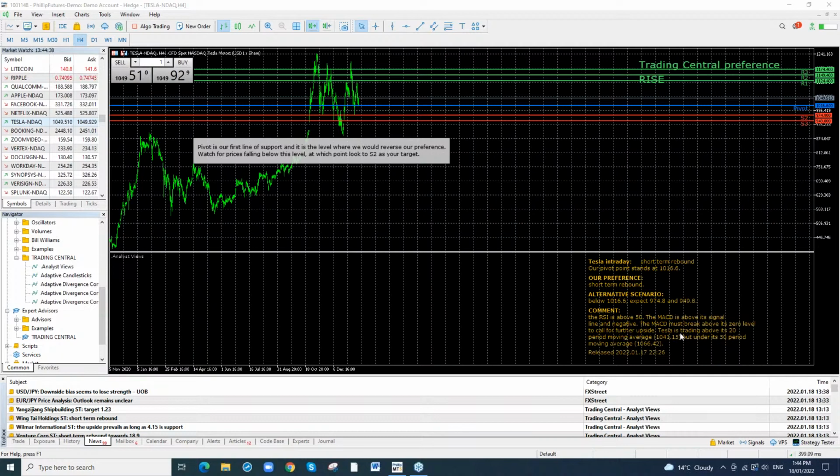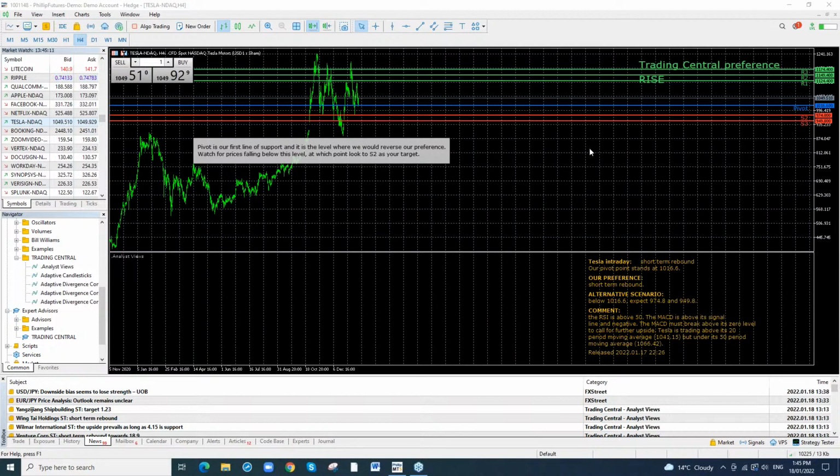And also Tesla is trading above its 20 period moving average, and all the levels are mentioned in the comment as well. This was released yesterday on US market close, so it's the latest update. But of course, once the market opens today, there's going to be a new update for Tesla. And you get this very useful tool available for you here.